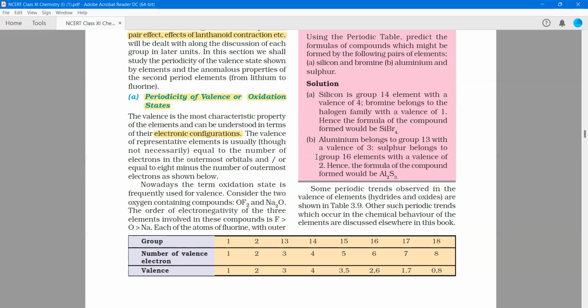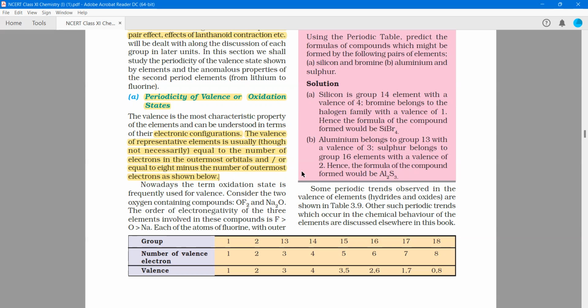The valence of representative elements is usually equal to the number of electrons in the outermost orbital, or equal to 8 minus the number of outermost electrons, as shown below. So you need to learn this. The number of electrons an atom has in its outermost orbital are the only electrons available to be lost, and so that will be the oxidation state in the positive form, because you are losing electrons. You also have oxidation states with a negative charge.